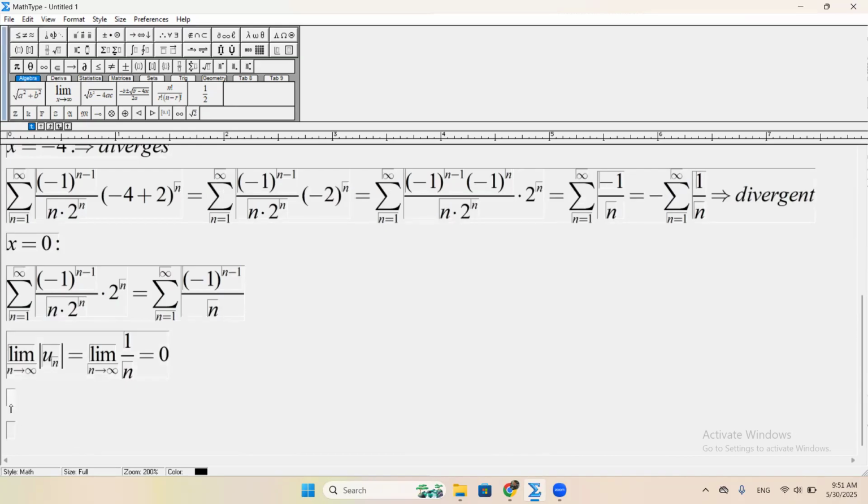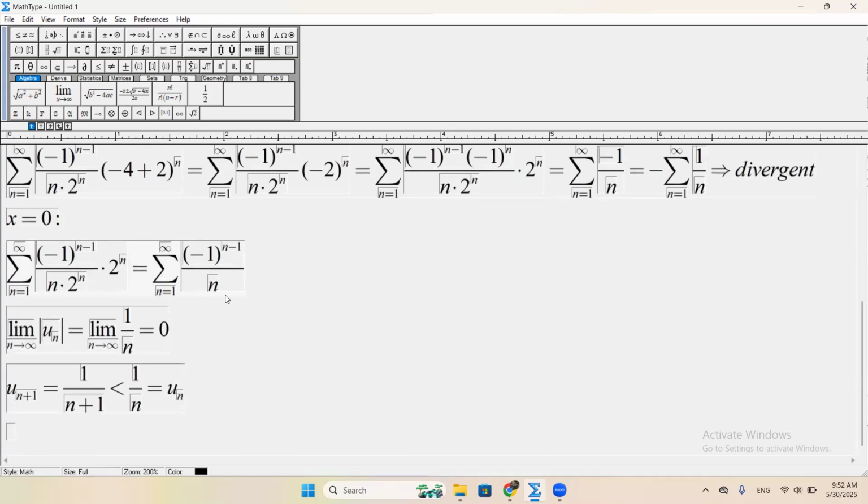Then un plus 1 equals 1 over n plus 1, and it is less than 1 over n, which equals un. So this series converges according to the Leibniz test.